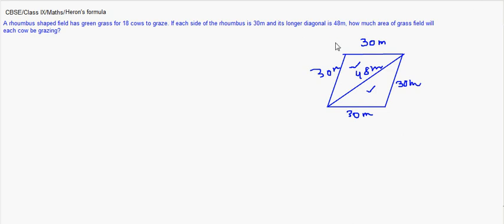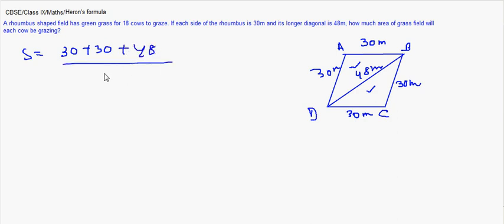I'll name this as, suppose, A, this is B, C and D. So S will be, suppose I'm finding for ABD triangle, 30 plus 30, 60 plus 48, 108 by 2. So that is 54 meters.